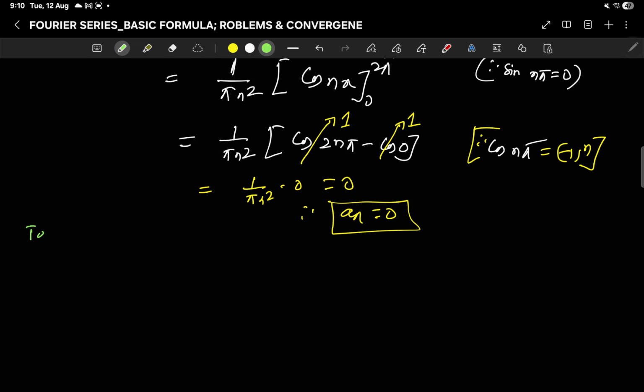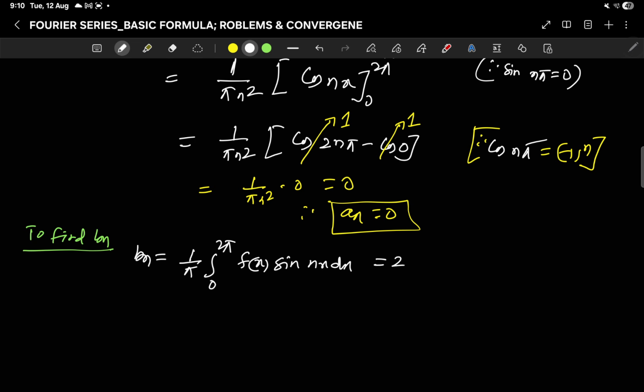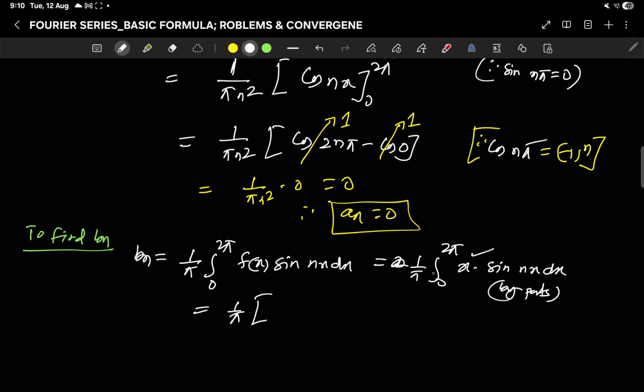Now to find bn. What is your bn? Bn is equal to 1 by pi 0 to 2 pi f x sin nx dx. So this is 1 by pi 0 to 2 pi, f x is x, so it is x sin nx dx. So we apply the by parts rule here, right? What we are getting is 1 by pi, x times integration of sin, which is minus cos nx by n.